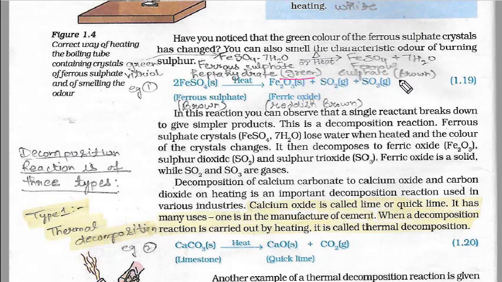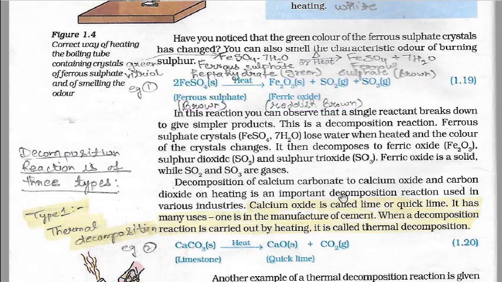When water gets evaporated, it converts to brown. When we further heat, it converts from brown to reddish brown. It then decomposes to ferric oxide, sulfur dioxide and sulfur trioxide. Ferric oxide is solid while SO2 and SO3 are gases, that you can see from the physical states of the products.